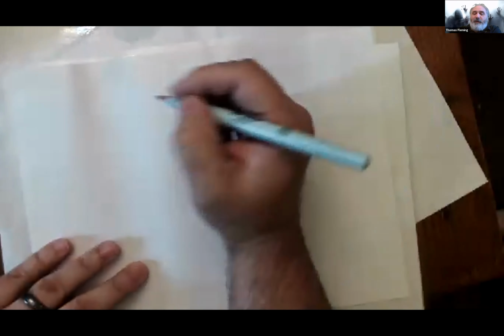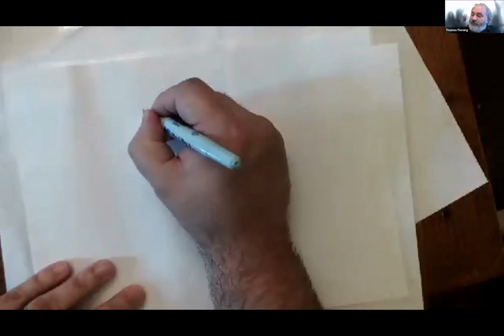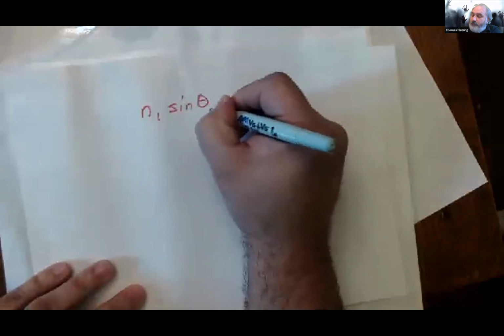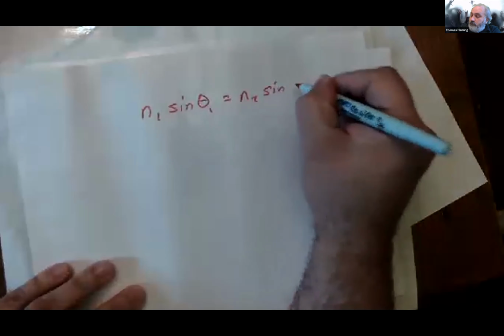For instance, in my physics 2 class this week, they did a lab on Snell's law. And Snell's law, which we'll learn next semester, is this. And don't worry too much about what all this means. We'll learn it next semester.